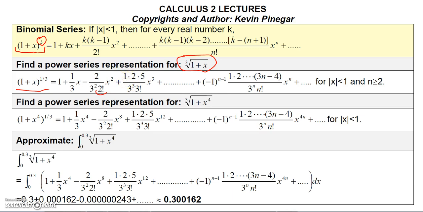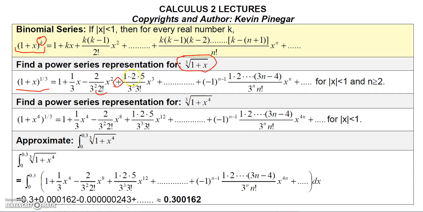For the next term, you'd have k, which is 1/3, and then 1/3 minus 1 would be negative 2/3, and then 1/3 minus 2 would be negative 5/3. So you'd have 1/3 times negative 2/3 times negative 5/3, and since a negative times a negative is positive, we have a plus.